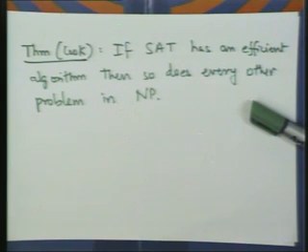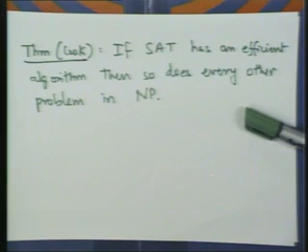So to solve any other problem in NP, it suffices to just solve SAT. Remember that NP includes things like factoring. It also includes Hamiltonian cycle, matching, etc. A large number of problems that we have seen so far are in this class NP. And this theorem says that if SAT has an efficient algorithm, so does every other problem in NP.